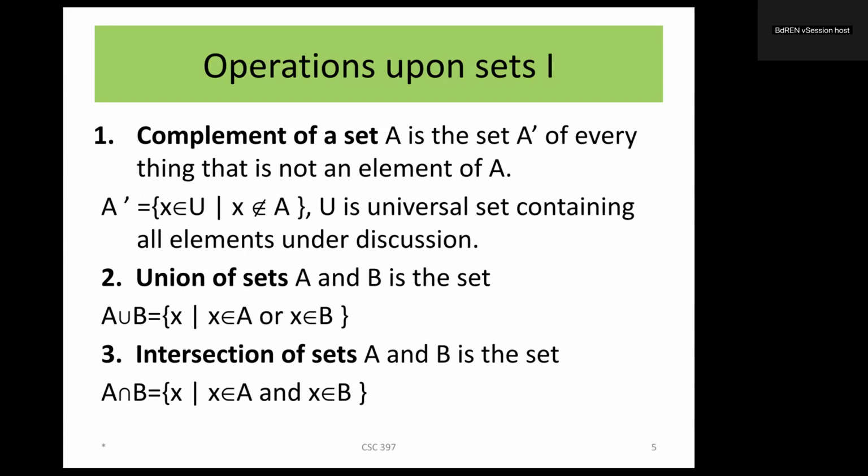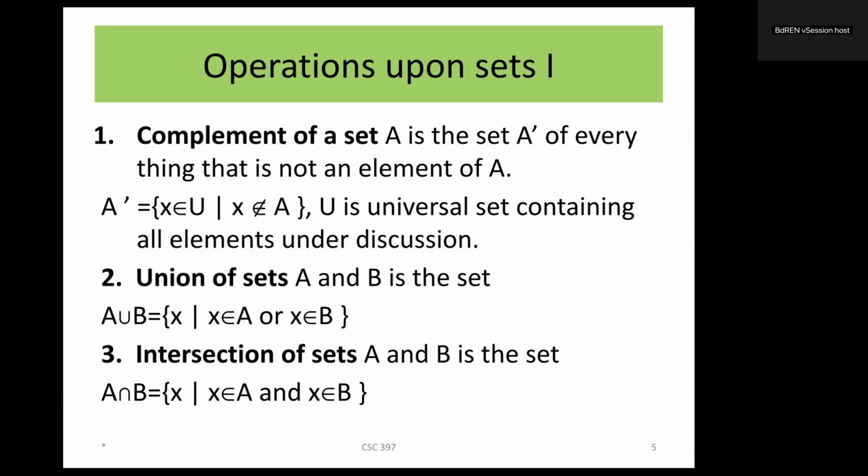So, complement of a set. A is the set. I mean, A prime is the set of everything that is not an element of A. So there is a notation here.